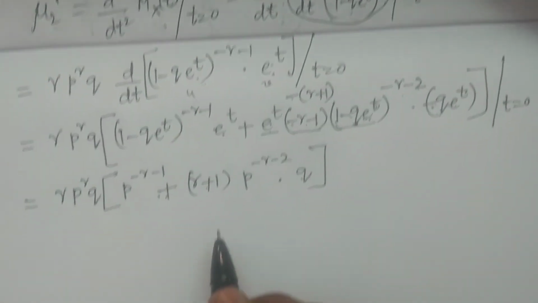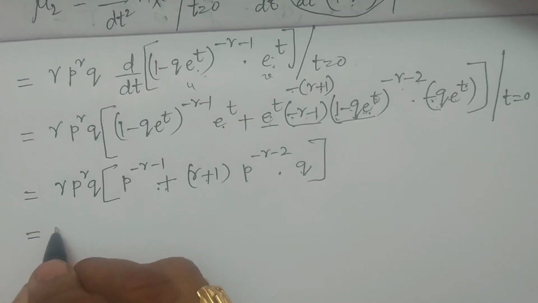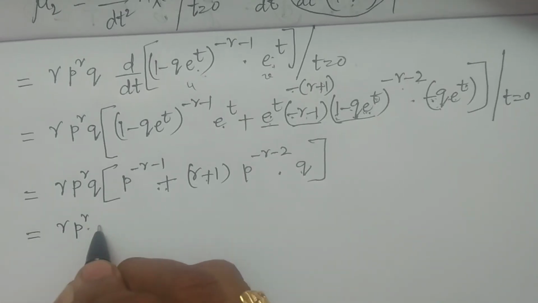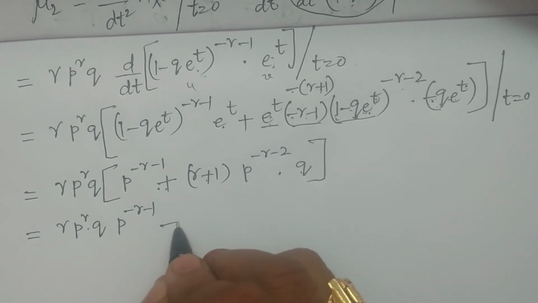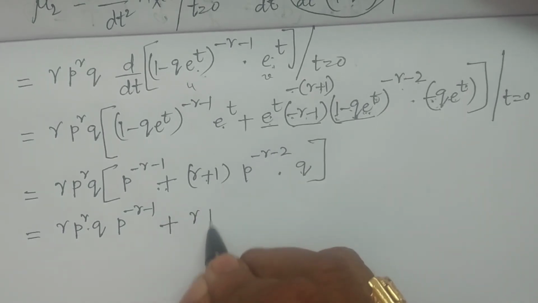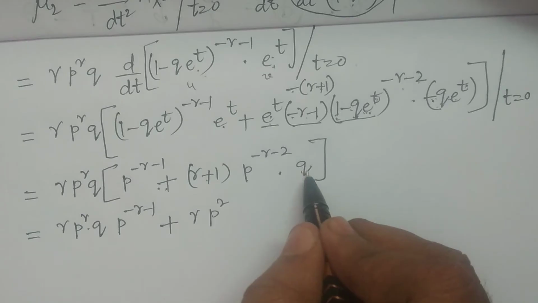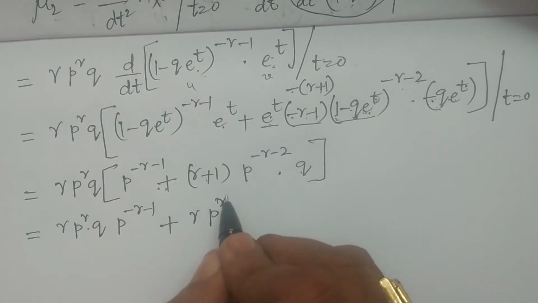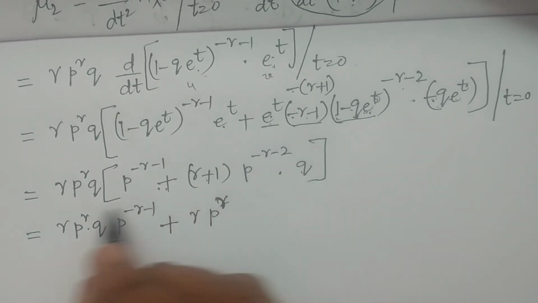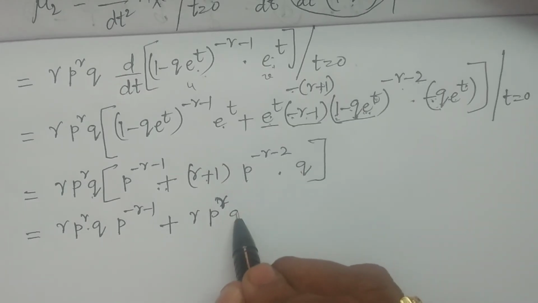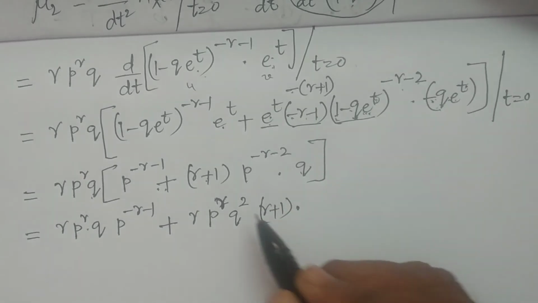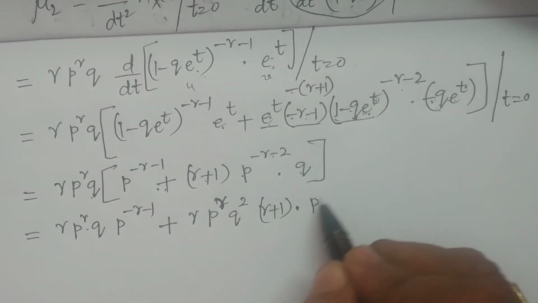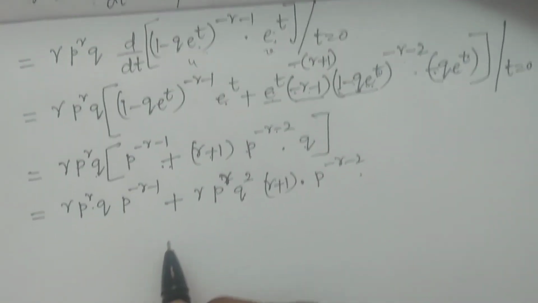Now you multiply the terms with the remaining values. So r into p power r into q into p power minus r minus 1. That's the first value. Plus r into p power r, I'm sorry, p power r multiplied by q into q square, and r plus 1 multiplied by p power minus r minus 2, right?